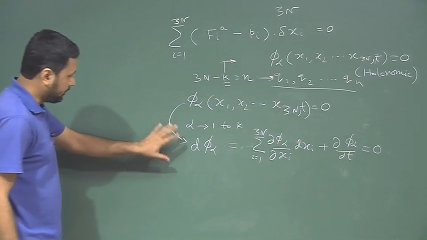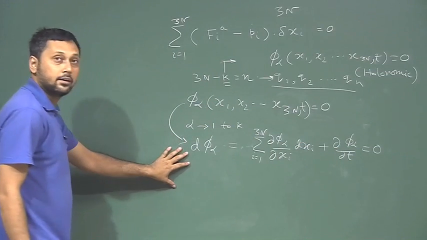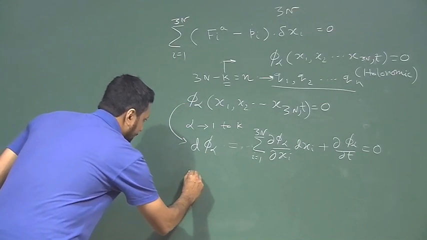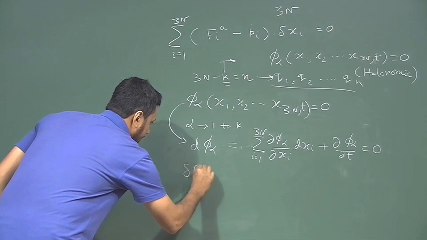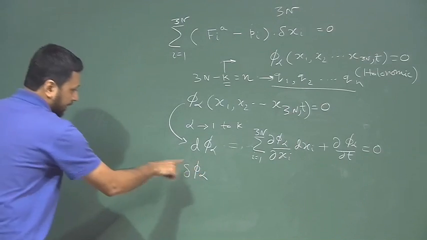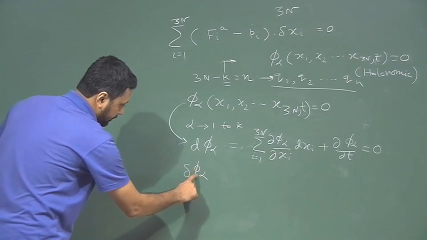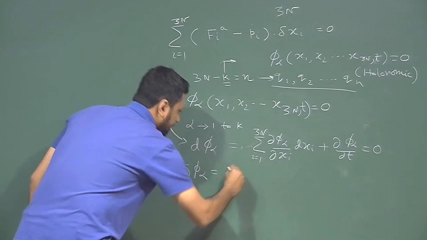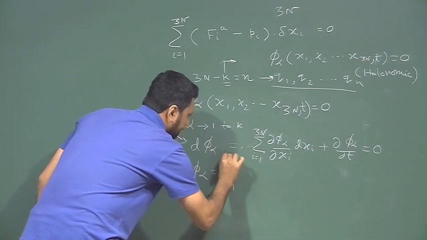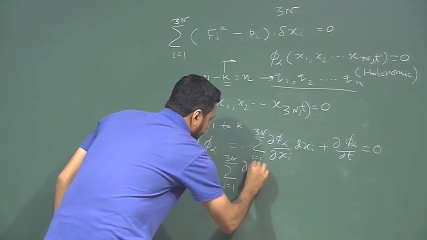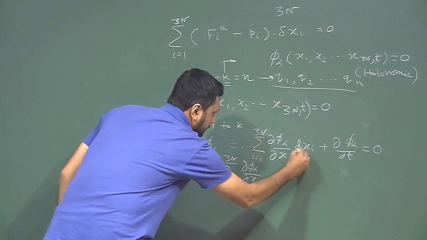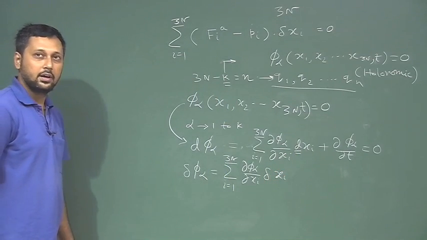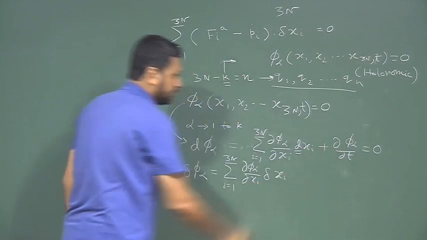Now, if I convert this relation in terms of virtual displacement of this constraint condition phi, that means instead of writing d phi, I simply put curly delta phi alpha, which is a symbol for virtual displacement, the first term stays as it is, except d is replaced by delta x i.